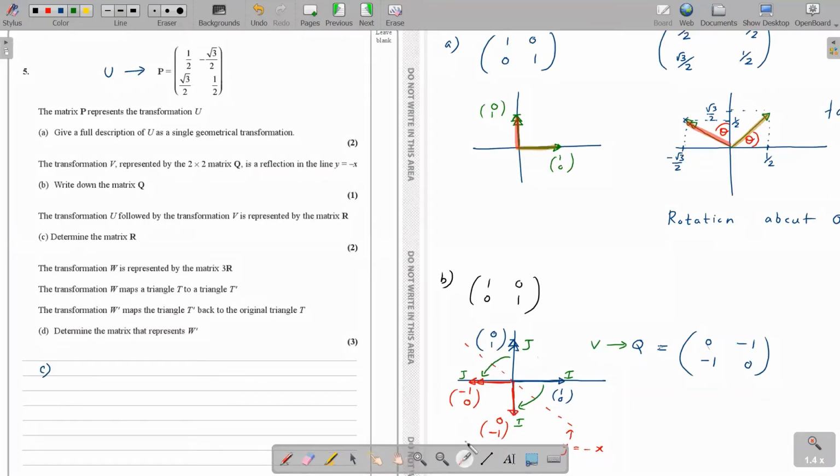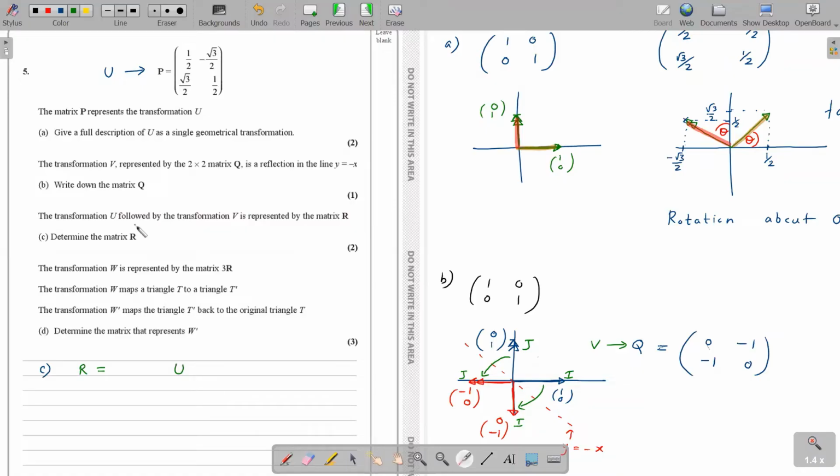Now they say transformation U followed by transformation V is represented by matrix R. Do you remember this followed by rule? When you have the followed by rule, do you remember how we write the matrices? Do we write V to the right of U or to the left of U? You need to remember that the matrices are written in the reverse order.